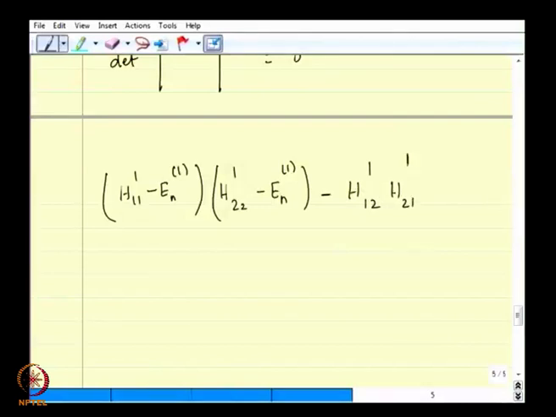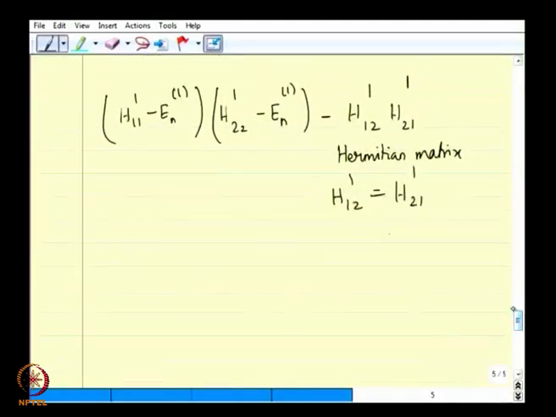The Hamiltonian is a Hermitian quantity, and if these wave functions are real and the matrix element of the Hamiltonian is obviously real, then a Hermitian matrix implies that H121 is equal to H211. Therefore, you are left with the eigenvalue equation for En1.